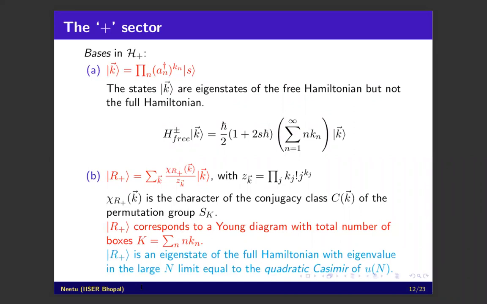Let's first see what basis states we can write in this Hilbert space. The first one is just a generic excitation over this ground state. These states are eigenstates of the free Hamiltonian, which is just the quadratic part, but they are not eigenstates of the full Hamiltonian. So this is one basis.